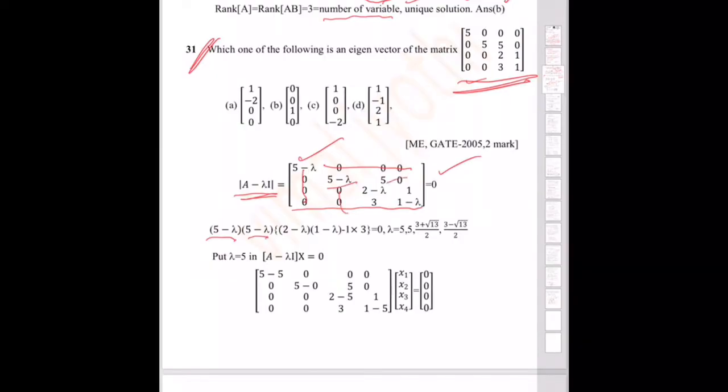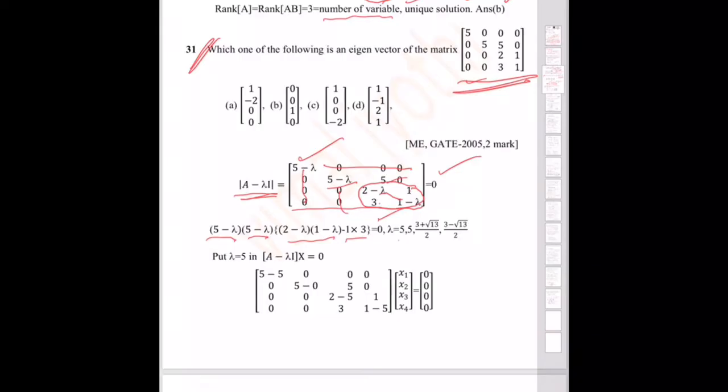Then 5 minus lambda into 2 minus the determinant of this matrix. That is, 2 minus lambda into 1 minus lambda minus 1 into 3 equal to 0. This is the characteristic equation.